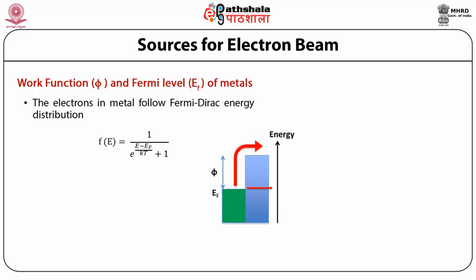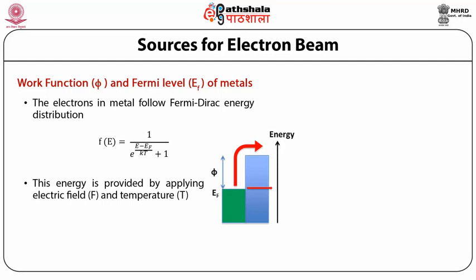The energy required to remove an electron from metal surface into the free space is defined as the work function phi. This energy is provided by applying electric field F and temperature T. It can be written as phi is equal to phi 0 minus alpha T minus square root of eF divided by 4 pi epsilon 0.